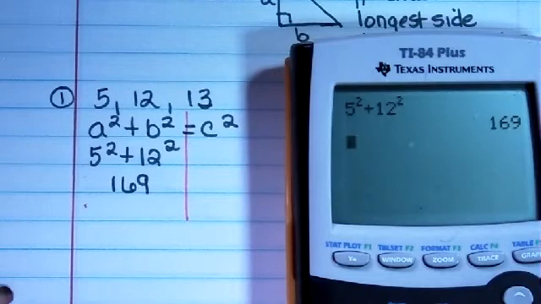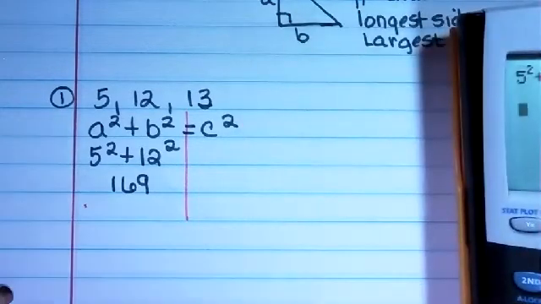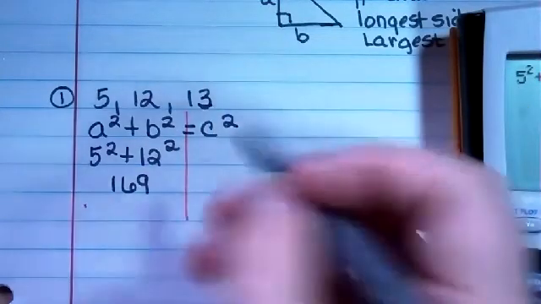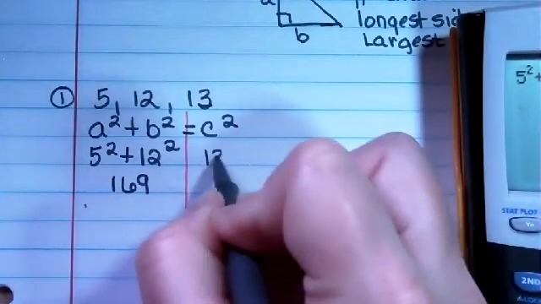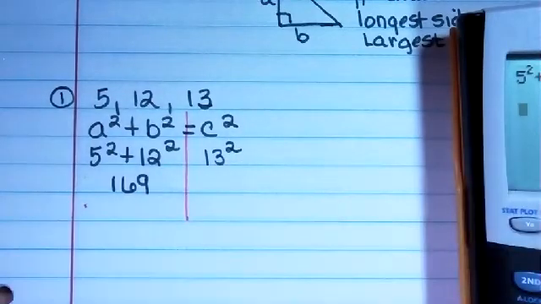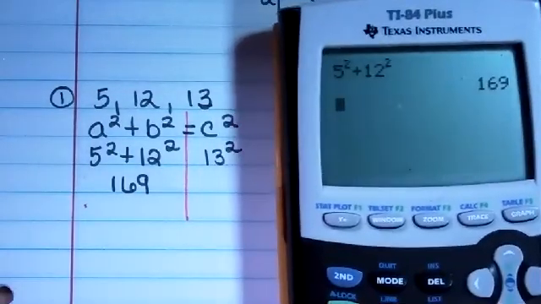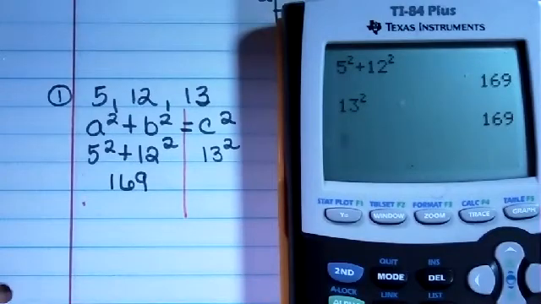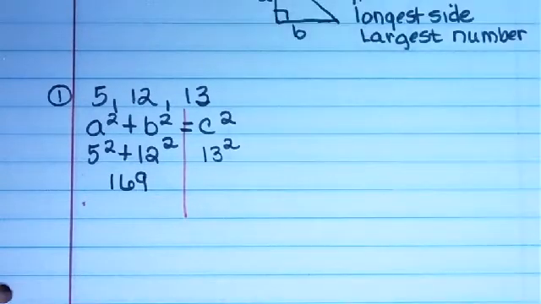Now, I'm going to go over to the other side of the equation and figure out the c squared stuff. Over here, C is 13 because that's my largest number, so I'm going to put 13 squared. If I come back to my calculator and type in 13 squared, I get 169. I'm going to write that down.